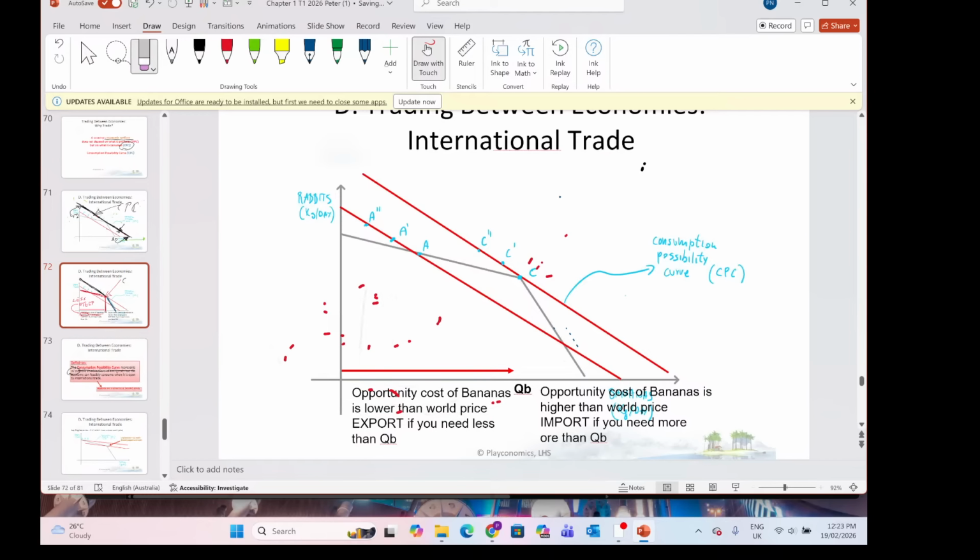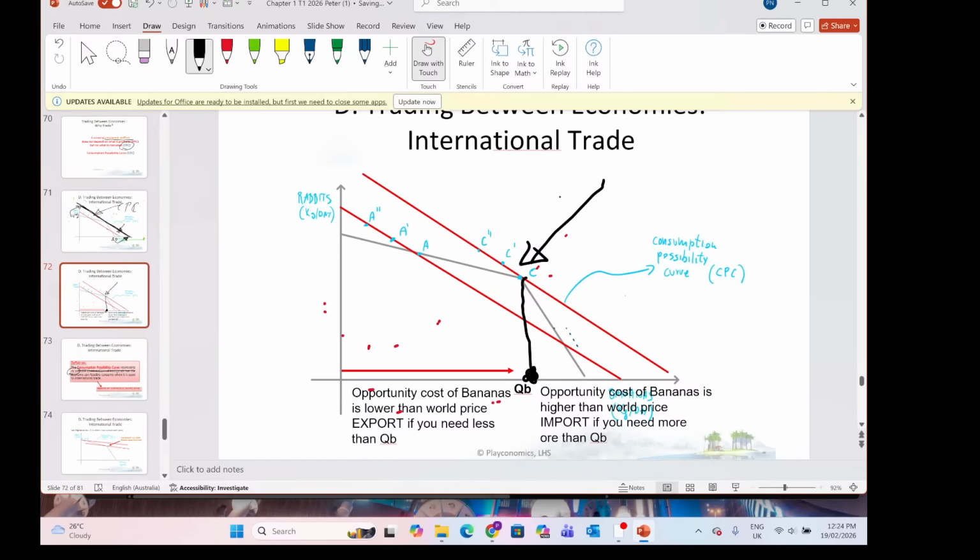So I'm going to give you a few illustrations over the next few minutes of why they need to produce at point C. What needs to happen here is Alberto has a comparative advantage relative to the rest of the world, so Alberto should be spending all his time making bananas.